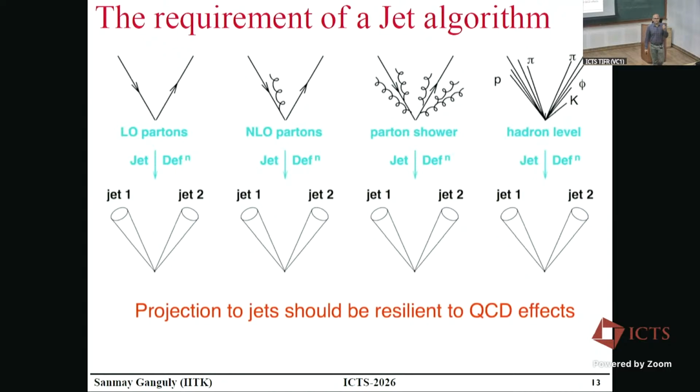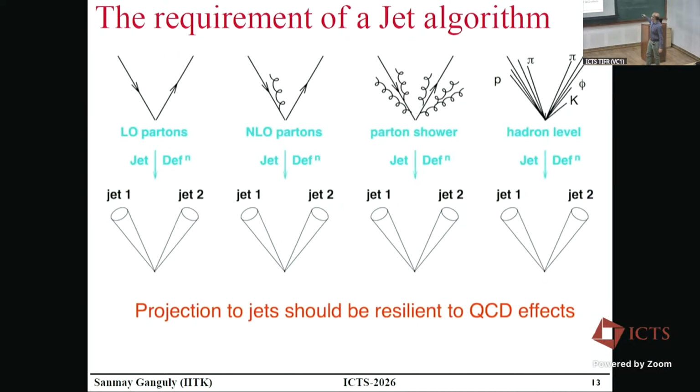Because our rough, naive intuition is that a spray of particles came out from the fragmentation of a single hard parton. Now, if we have to associate this bunch of particles to one of the partons, what is the right algorithm which we should pick up without violating the principles of QCD branching? That's the whole task of jet reconstruction algorithms.